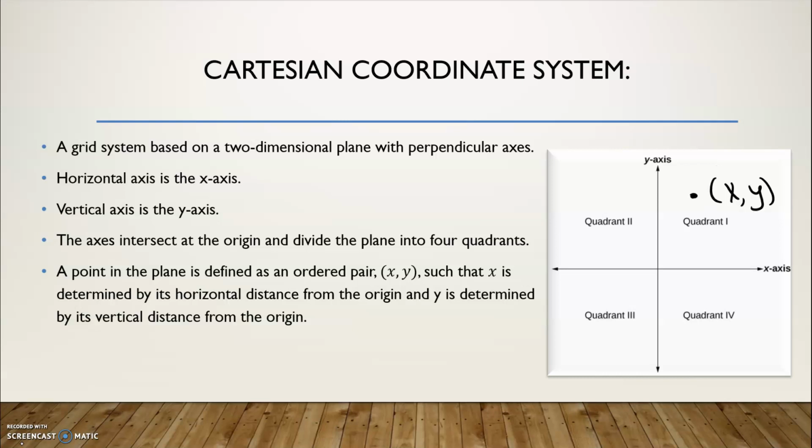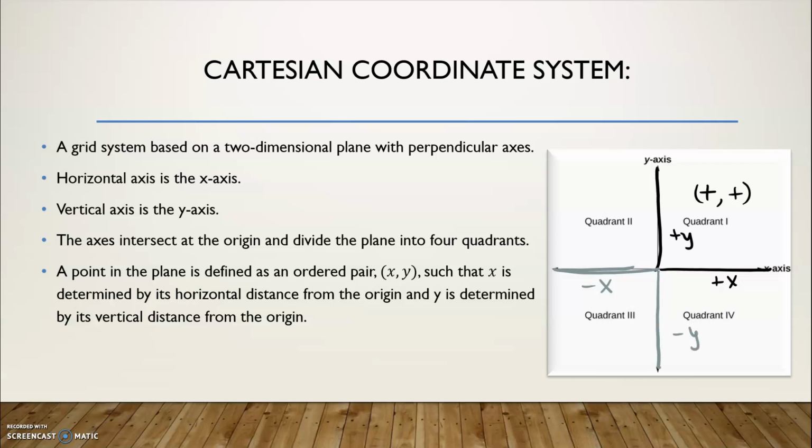Okay, now for the first quadrant, anything in this quadrant right here, your x value will be positive and your y value will be positive. Because from right here over, these are the positive x values. From here up, these are the positive y values. Whereas over here, these are the negative x values, and down here, these are the negative y values.